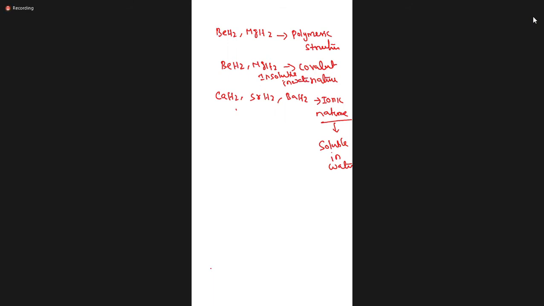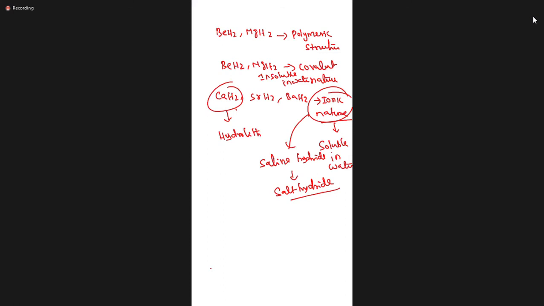CaH2 is called hydrolith. The ionic hydride is otherwise called saline hydride, or salt hydride.